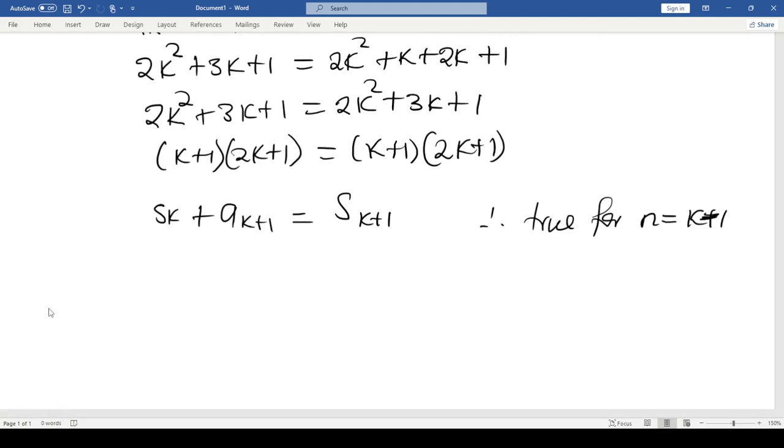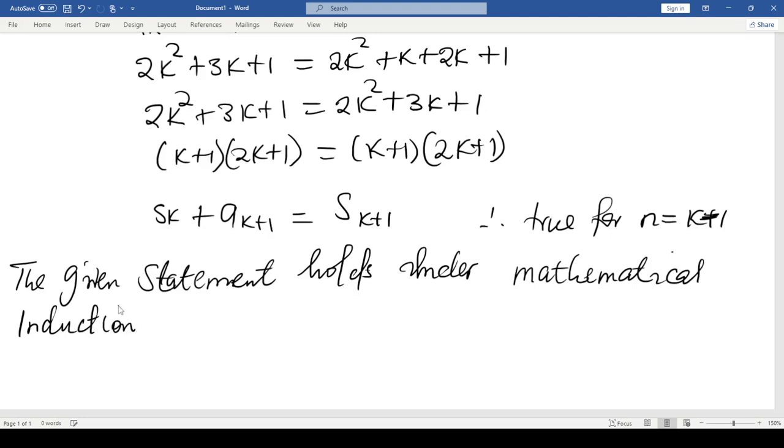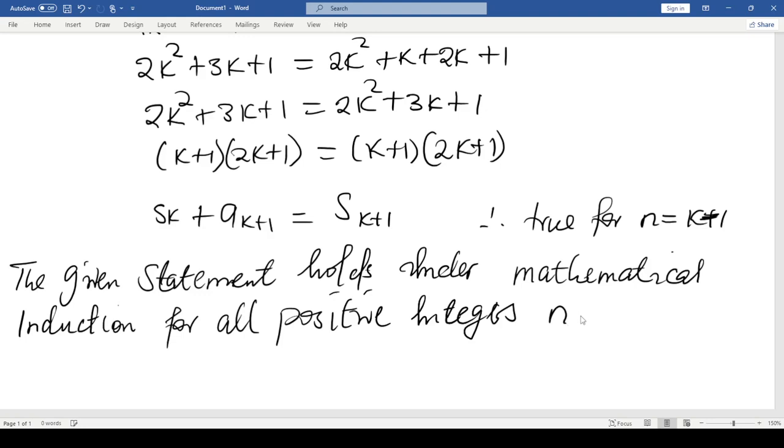Okay, so now if this is the case here, so you can just say the given statement holds under mathematical induction for all positive integers n there.